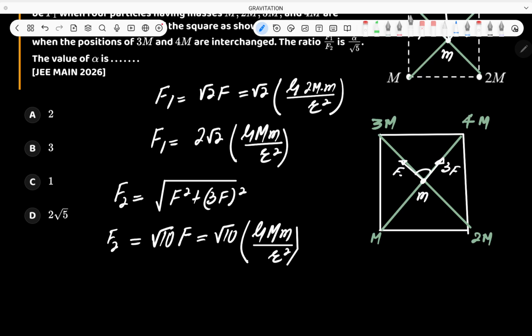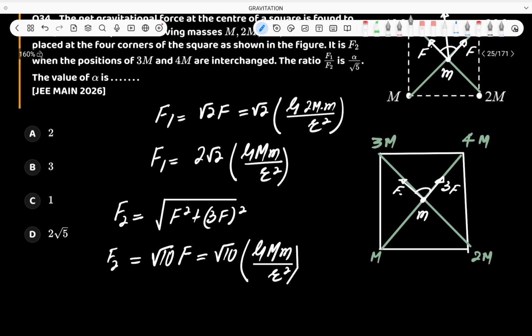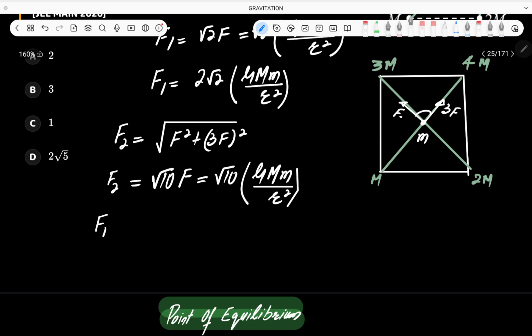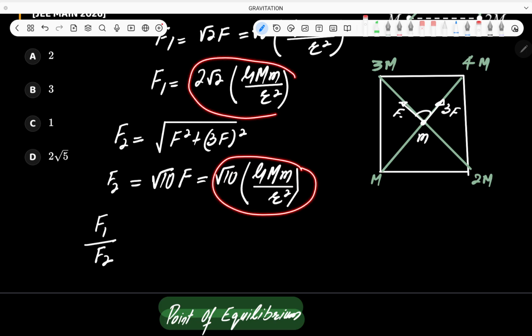Now next, since we have to calculate the value of alpha, let's divide the two equations: F1 divided by F2. So this is the value of F2 and this is the value of F1. This G capital M small m divided by r square is going to cancel.